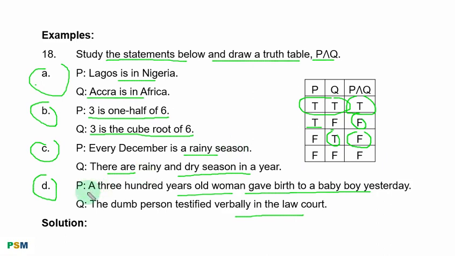D: a 300-year-old woman gave birth to a baby boy yesterday. That is false. The dumb person testified verbally in the law court. It is also false. And the outcome is false.